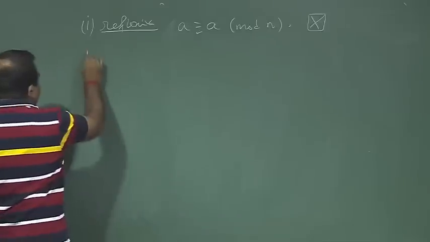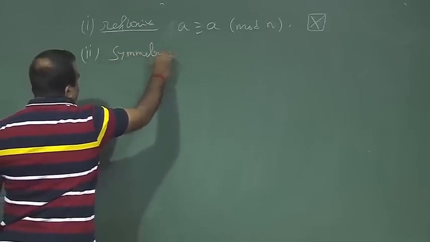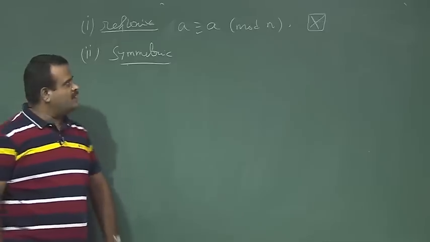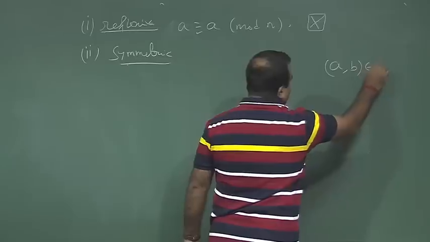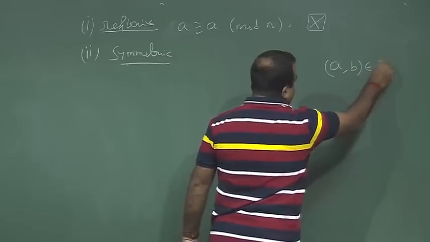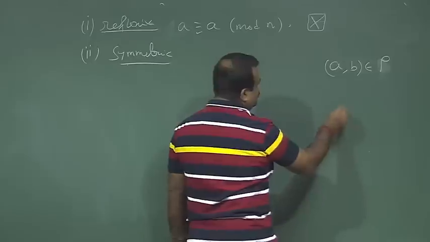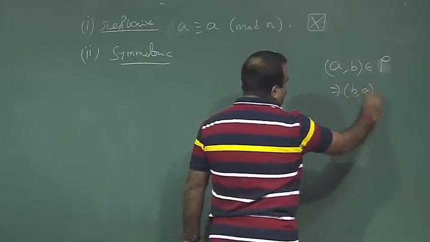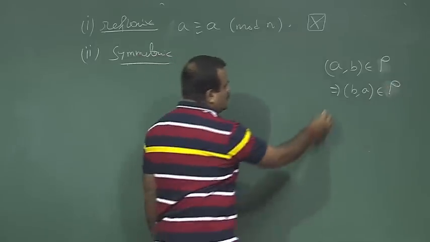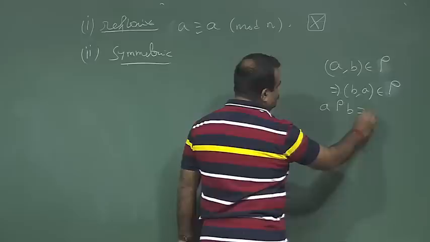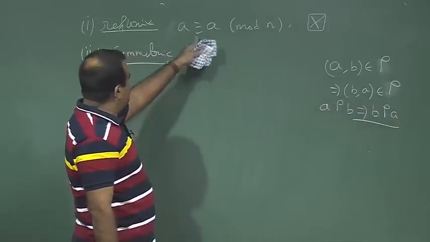Okay. Now, the second property is symmetric. Symmetric means a relation rho is called symmetric if a rho b implies b rho a. Here rho is the relation symbol.